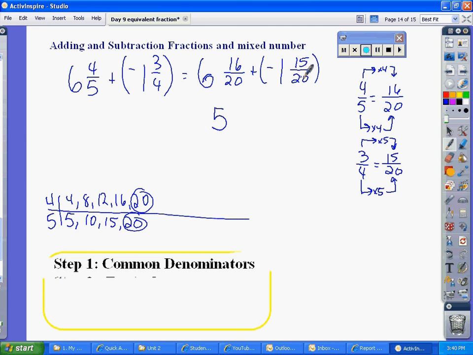Remember, this whole number is negative. So it's 16 plus -15. Remember, the denominator is 20. So 16 plus -15 equals 1. So we have an answer of 5 and 1/20. And that's the final answer.